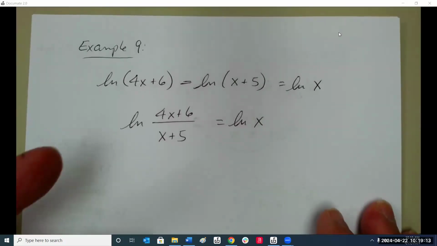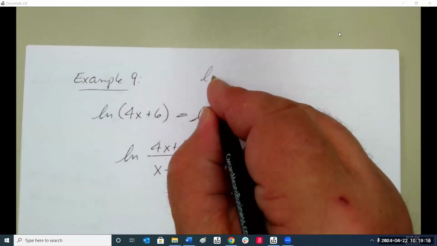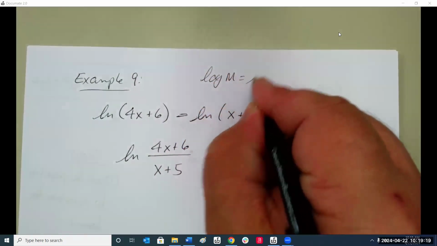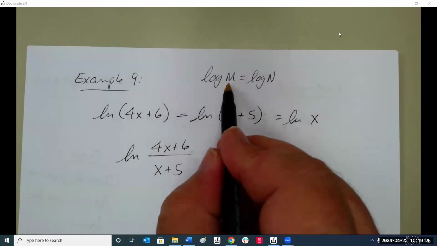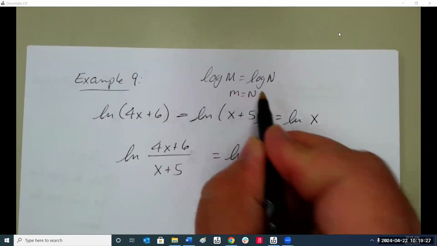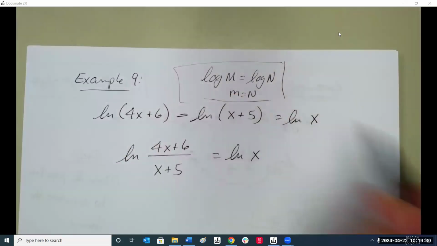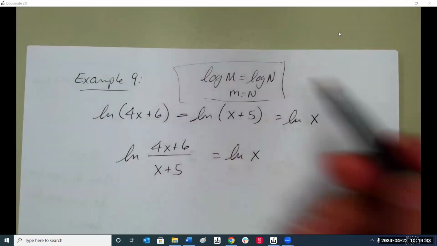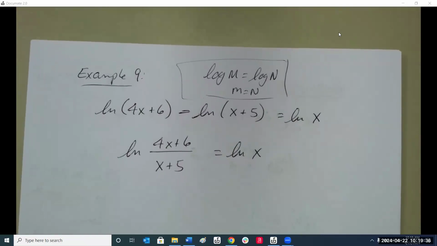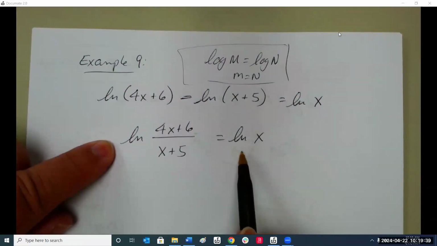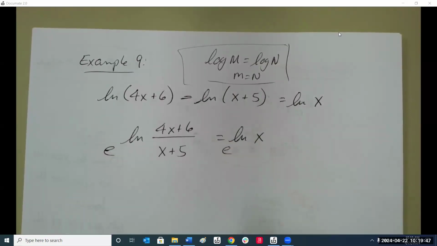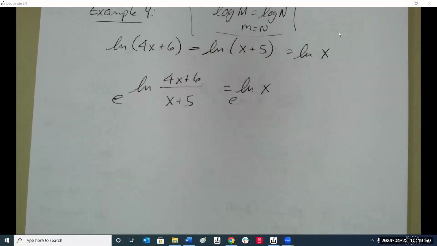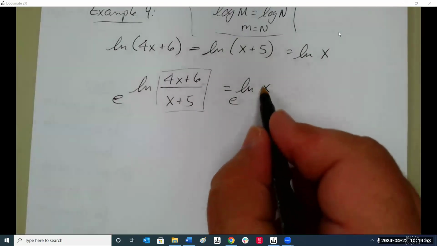Well, we can use one of two rules here. One rule we talked about: if the logs are the same, the only way they can be equal is if the operations are equal. So it could be log, it could be ln, doesn't matter. But there's another way we could have done the same thing. Since they're ln, which is log base what? E. We could take e to the power of both sides, which makes these exponents.